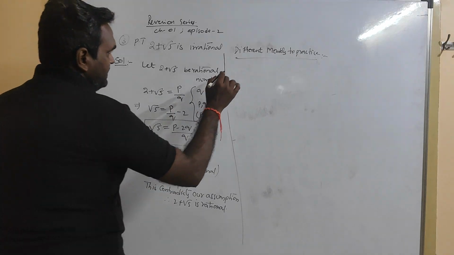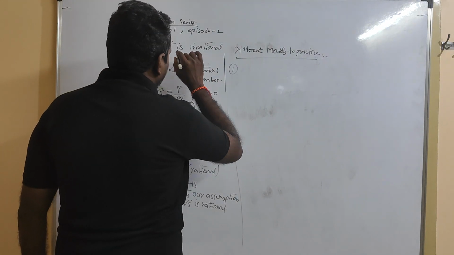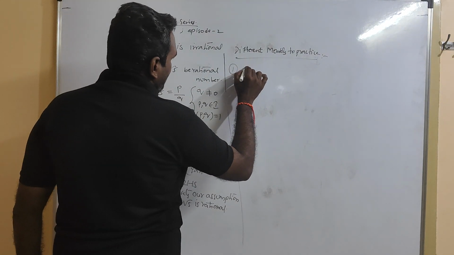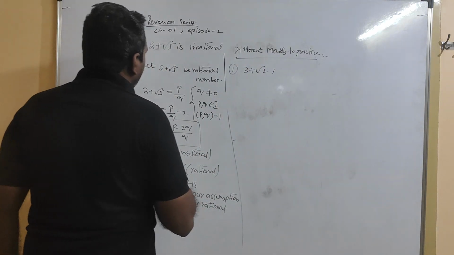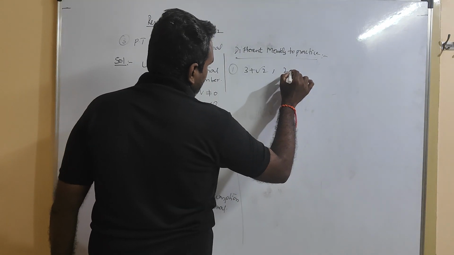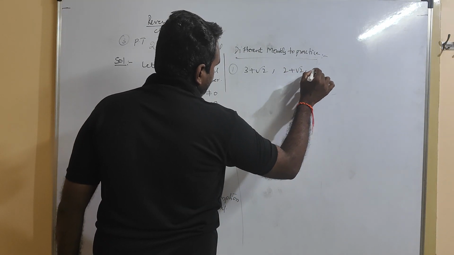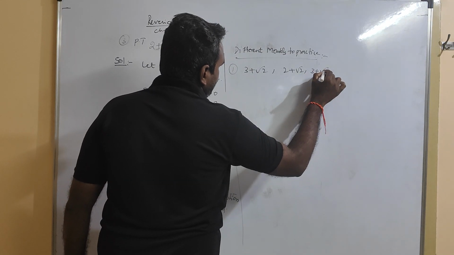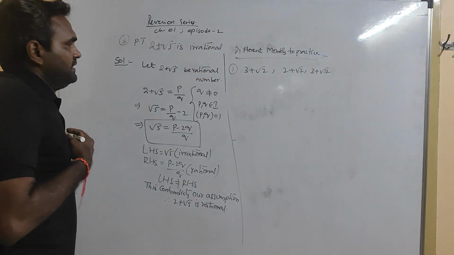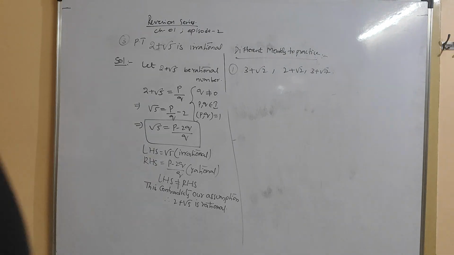For this question, if you want another question, I am giving different models: 3 plus root 2, or the next one 2 plus root 2 only. Next, if you want, take 3 plus root 7. This and all comes in this third question zone only.